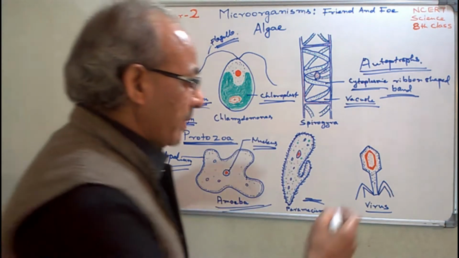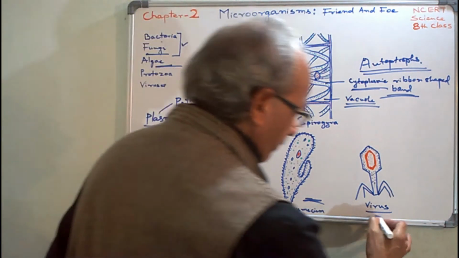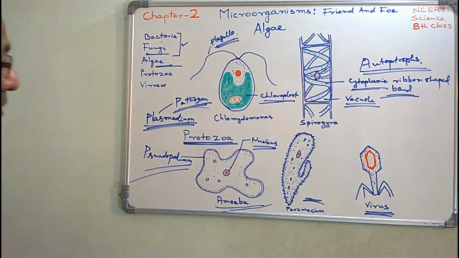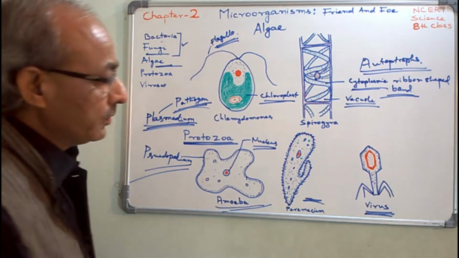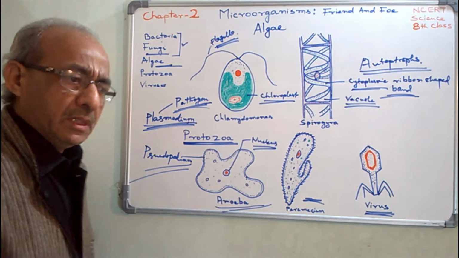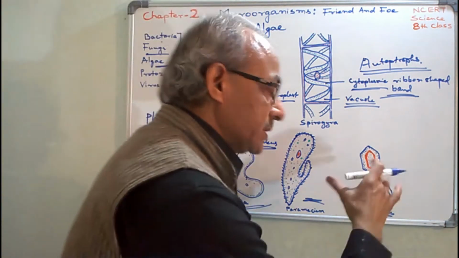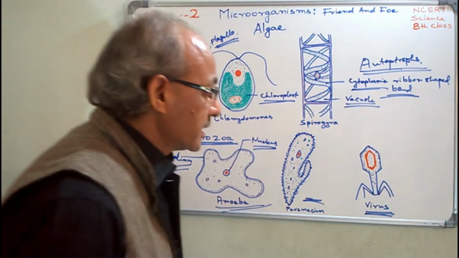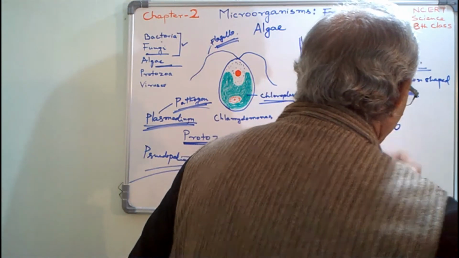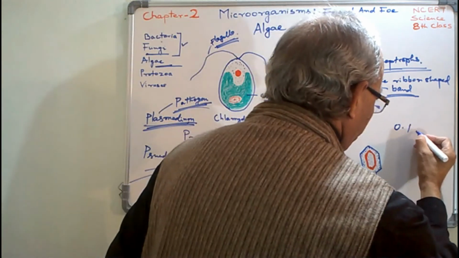Now we will discuss the viruses. Viruses are the last group of microorganisms which you have to study in this chapter. Viruses are smaller than the smallest bacteria, the smallest microorganism in this world. In the last session I told you that the size of the smallest bacteria is 0.1 mu.